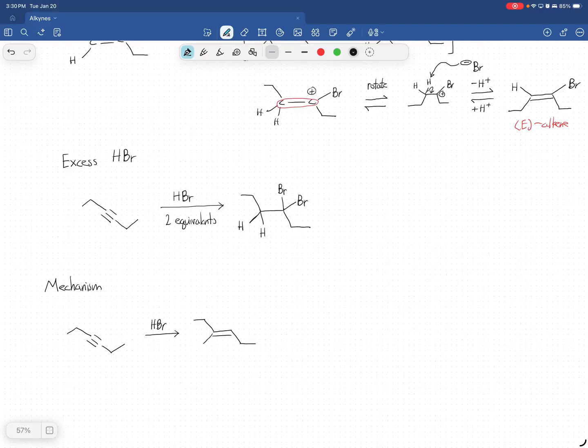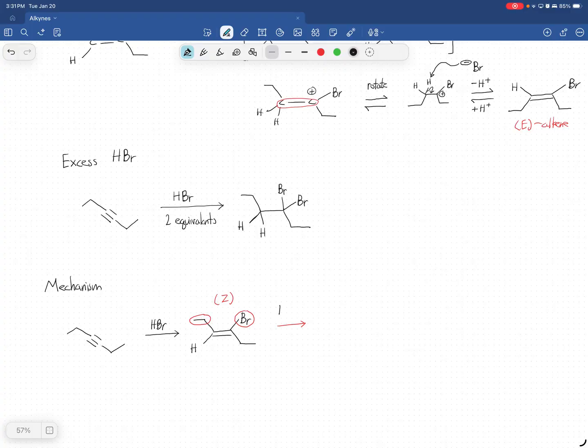So this is the Z alkene, because these two groups are on the same side. So here's the Z alkene. The higher priority substituent on both of the alkene carbons are on the same side. But how do we get to the other product?